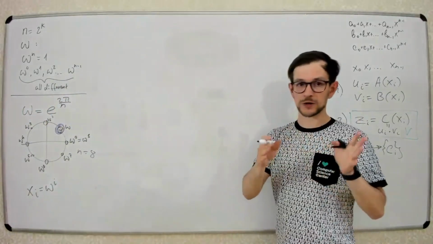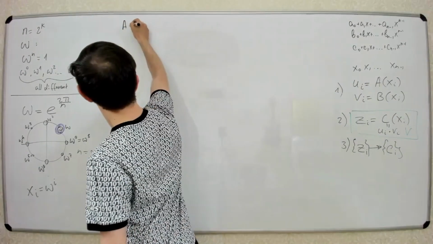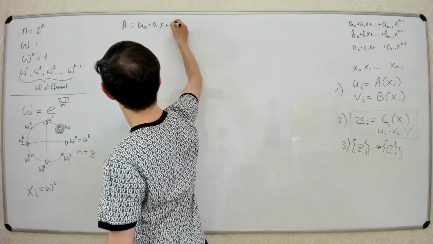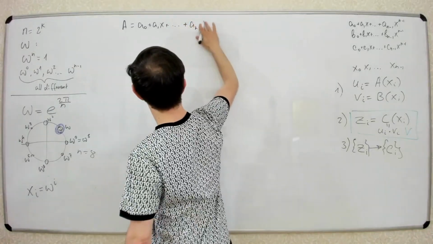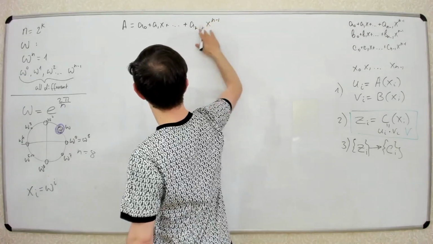So my algorithm will take some polynomial a: a0 plus a1 x plus and so on plus an minus 1 x to the n minus 1.